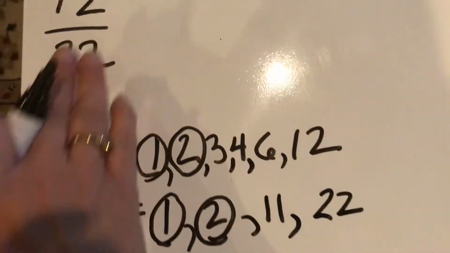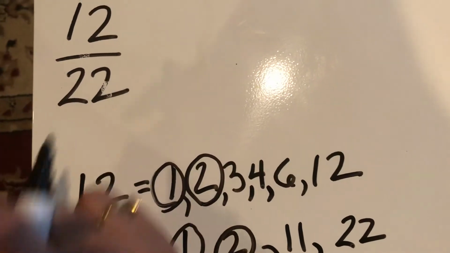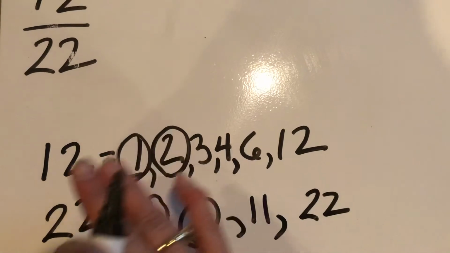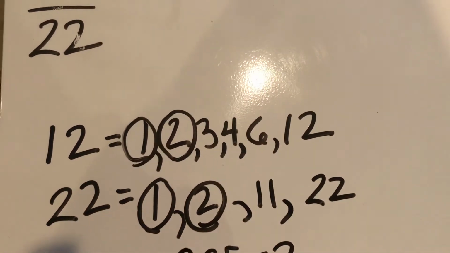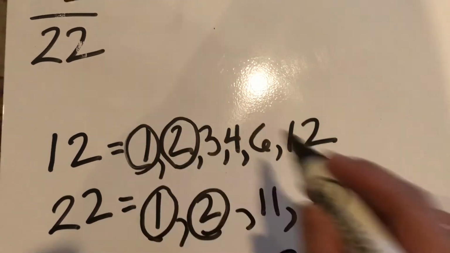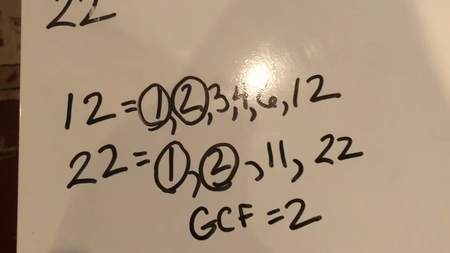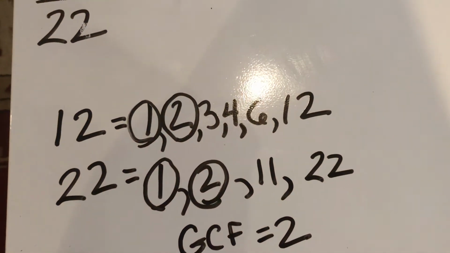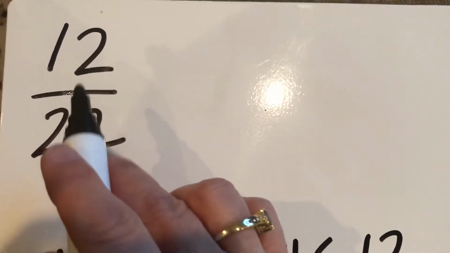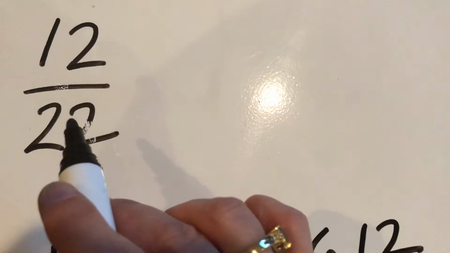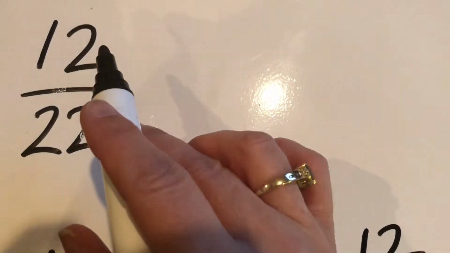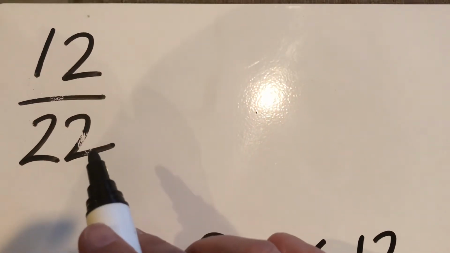Now, when you're doing this problem and you're trying to find simplest forms, you can try to do this part in your head. If you can't, you can of course write it out like this and figure out what the greatest common factor is. If I don't want to write all this out, I can think to myself, what's the greatest number that could go into 12 and 22?